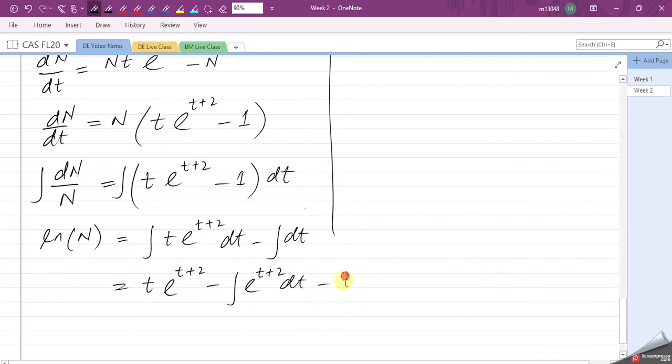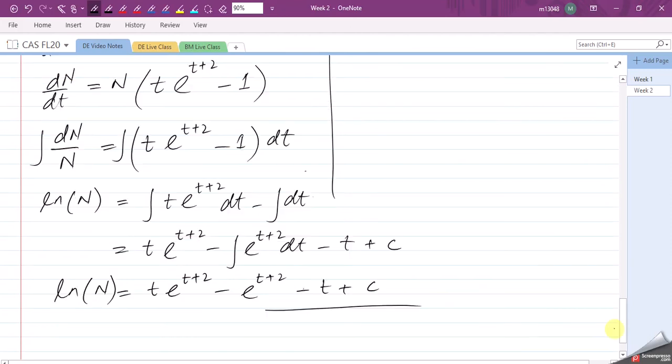So it comes down to this minus t plus c. And in the second round, we get our answer. I hope you remember the by parts formula here. This is by parts.